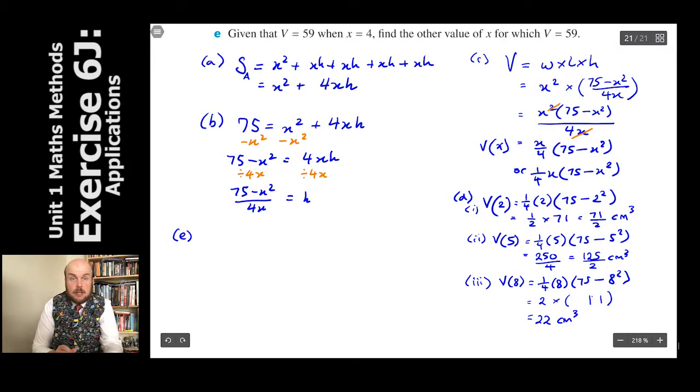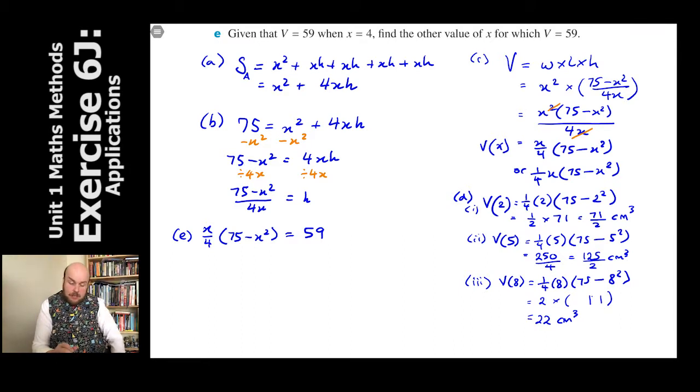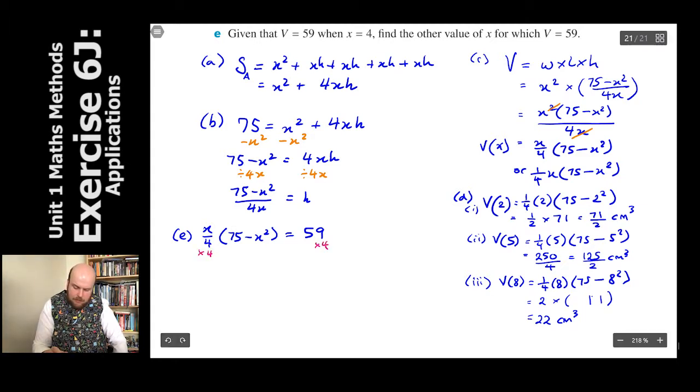what I'm going to do is make this cubic equation equal to 59. So x on 4, 75 minus x squared is equal to 59. Because we don't want to deal with fractions, I'm going to times both sides by 4. I get x times 75 minus x squared is equal to 236.